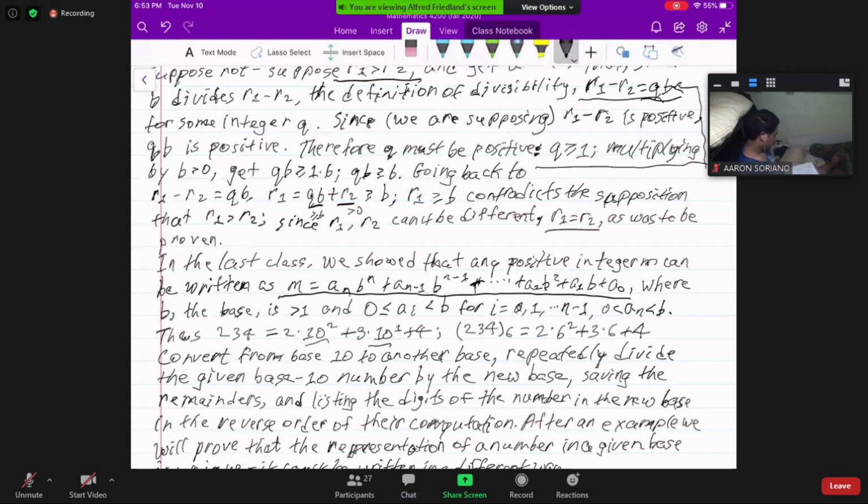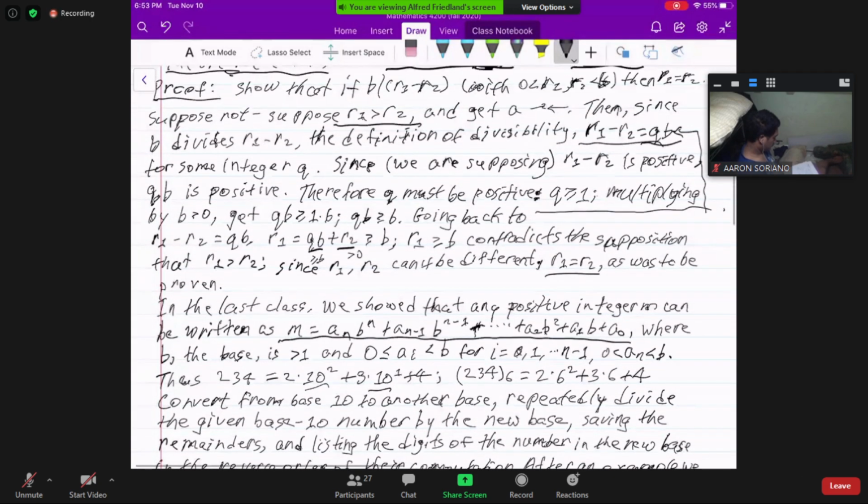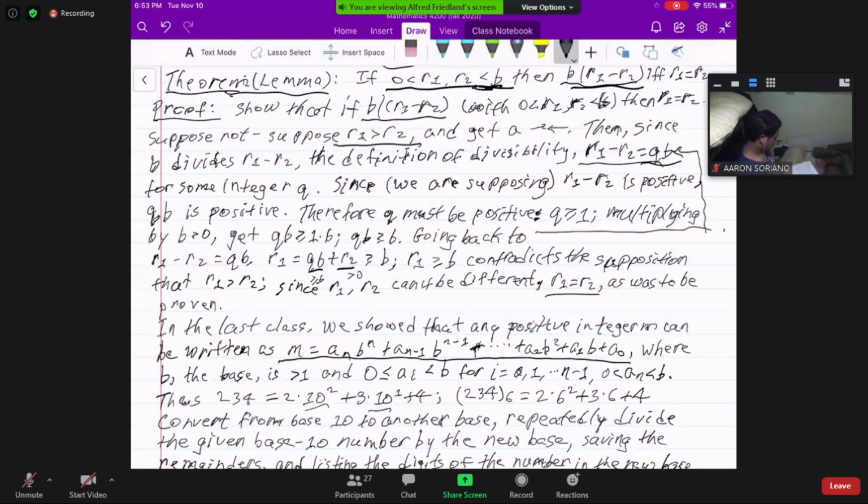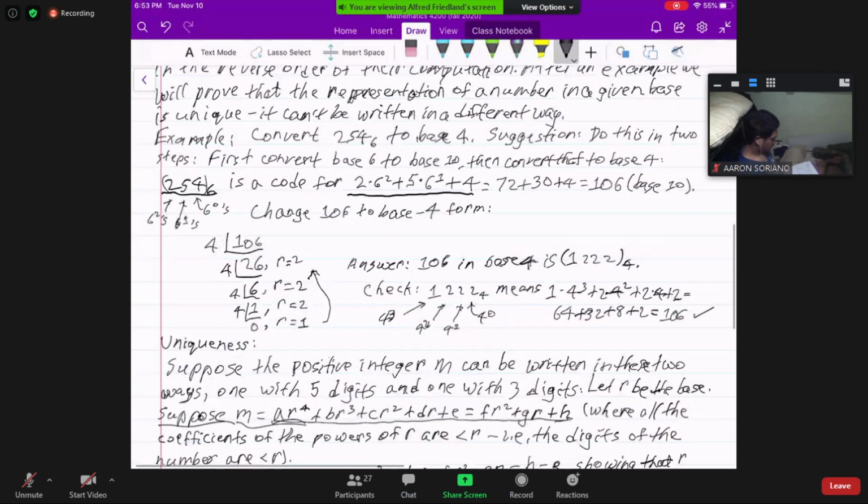So if you have a bigger number dividing a difference of two numbers that are small, two positive numbers that are smaller than it, then necessarily the two numbers are equal. So that's what we have over here.